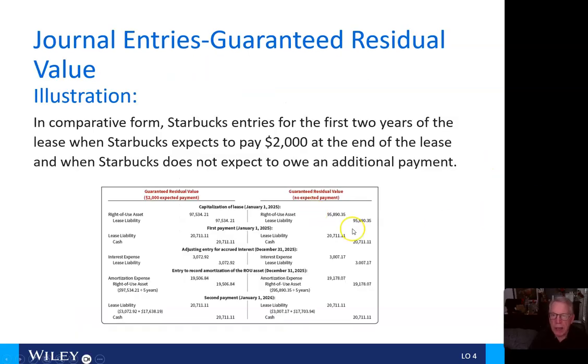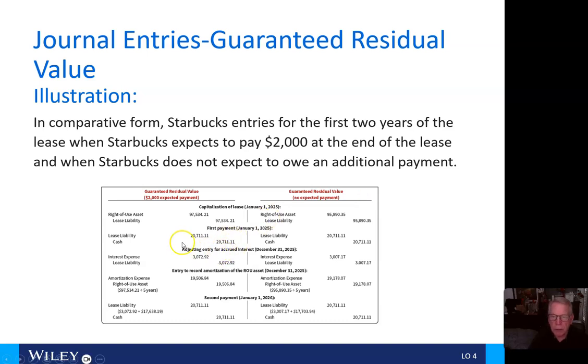So if I look at Starbucks' entries for the first 2 years of the lease, when Starbucks expects to pay $2,000 at the end of the lease, and when Starbucks does not expect to owe an additional payment, you can see that we expect the $2,000 payment in these columns, and no expected payment in these columns.